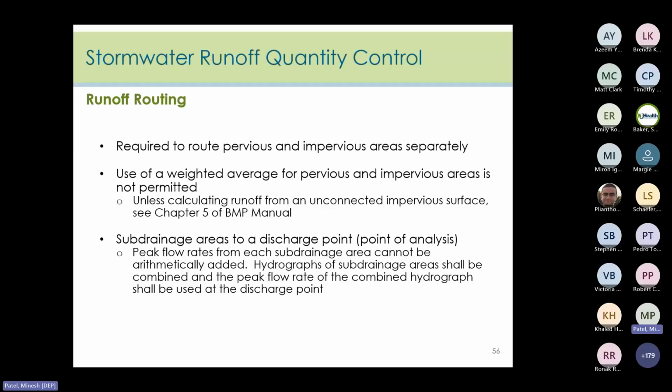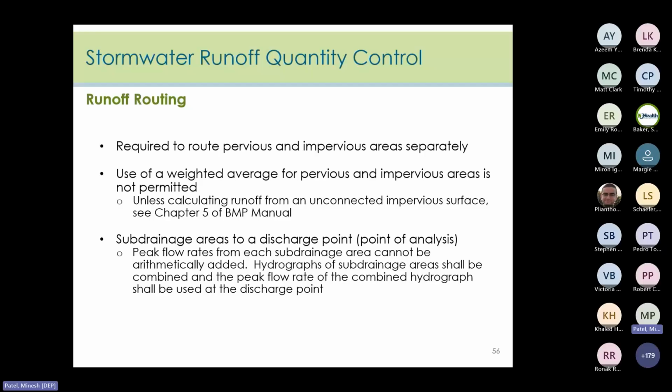In addition to that, because there are multiple sub-drainage areas, like pervious and impervious, being routed to a single point of analysis, these sub-drainage areas need to be combined to determine the total peak flow rate at the point of analysis.